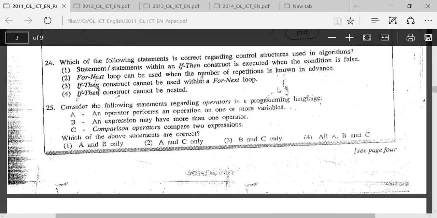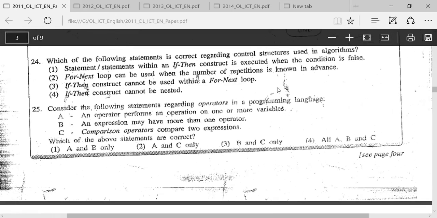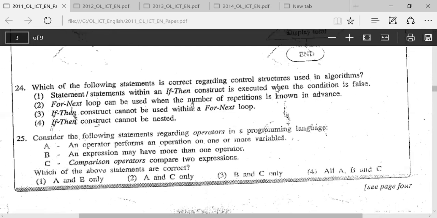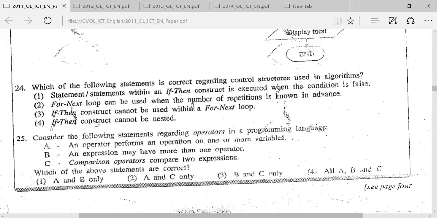Question number 24. Which of the following statements is correct regarding control structures used in an algorithm?